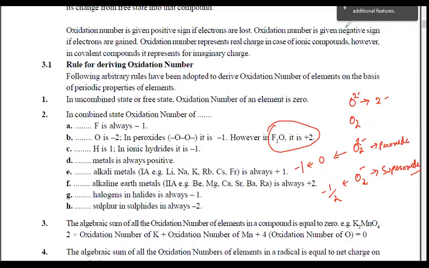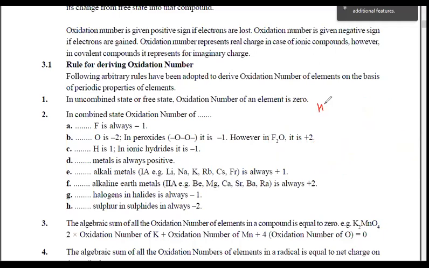Now, when you talk about hydrogen, generally hydrogen is seen as H plus, yes or no? But when we talk about hydrogen with metals, for example NaH, we know for sure that the charge of sodium is +1. What about hydrogen?